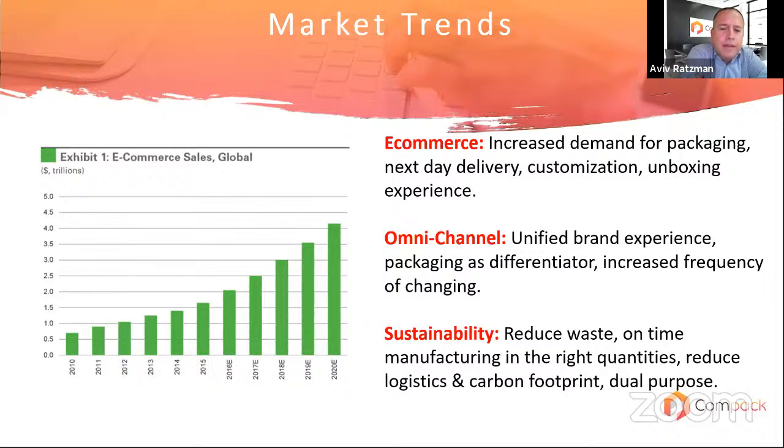It is the first thing the consumer will see when they get it at home and also on the shelf. Because of the omni-channel or multi-channel, there is a need to be fast, because if you need to change, you need to change the entire supply chain. This is critical, and sustainability is a critical point.